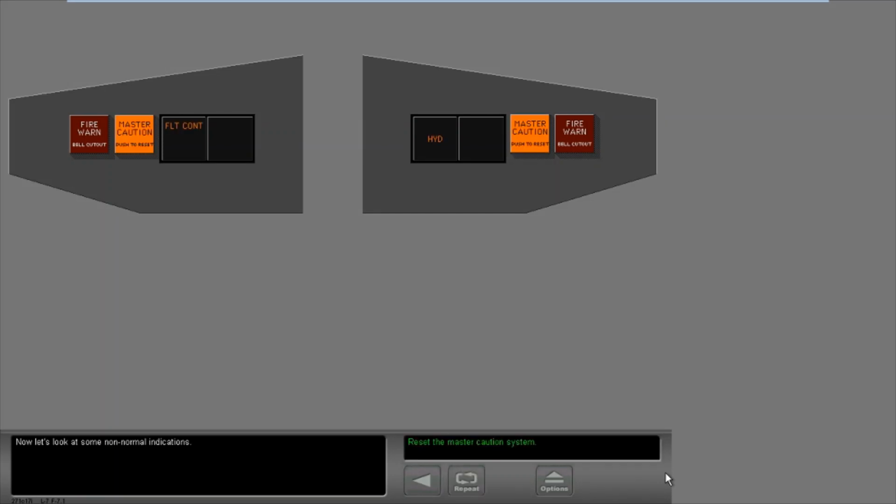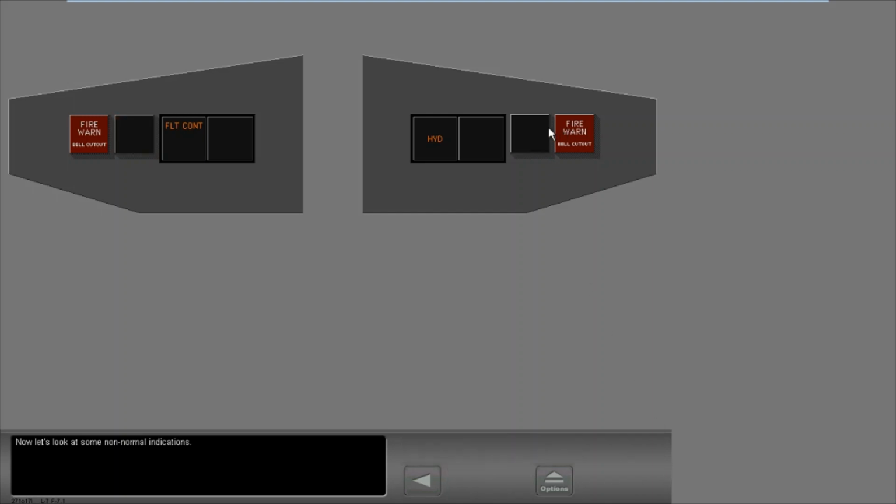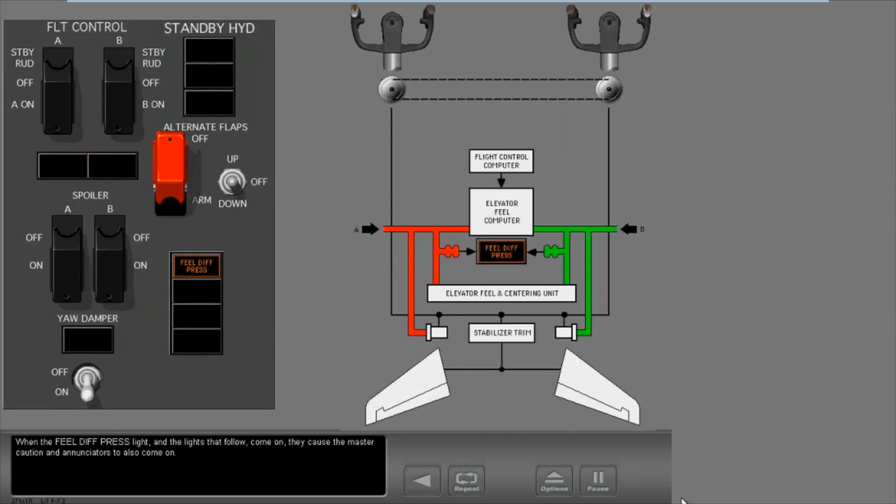Now let's look at some non-normal indications. When the field differential pressure light and the lights that follow come on, they cause the master caution and annunciators to also come on.